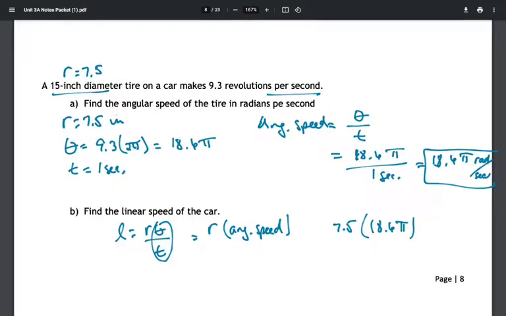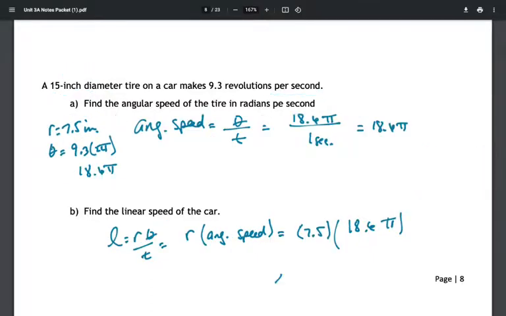And then you're just going to multiply that out. Okay, I accidentally erased that, so here it is all worked out again. So when you multiply that out, you get 438.252. And my units for this would be inches per second. And that would be your answer.